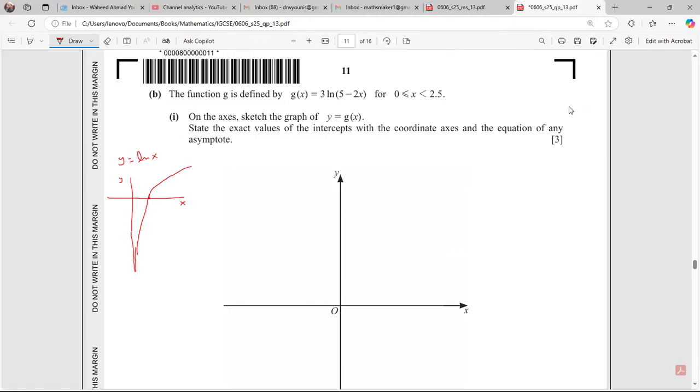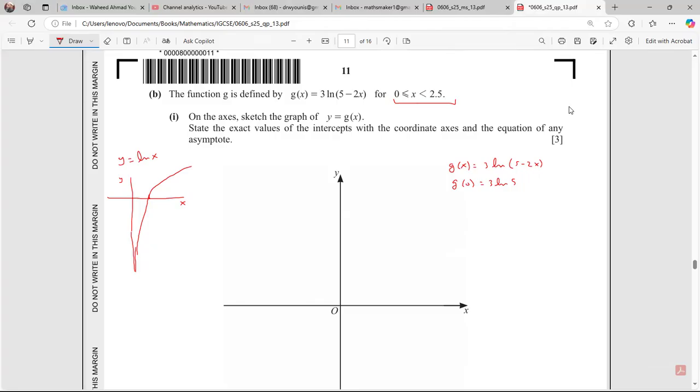Okay, now we have to think about this one, that g of x is equal to 3 log (5 minus 2x). When x is 0, g of 0 equals 3 log 5.